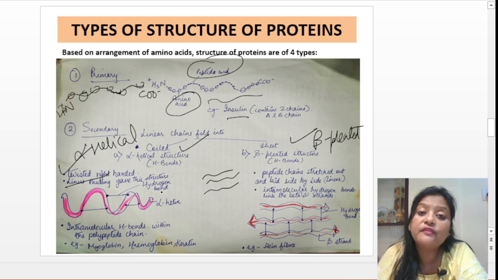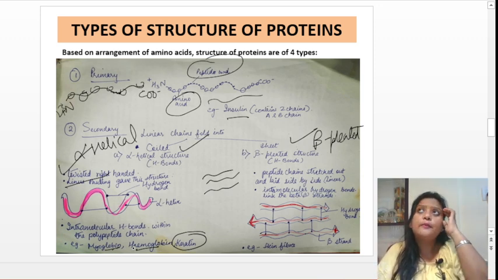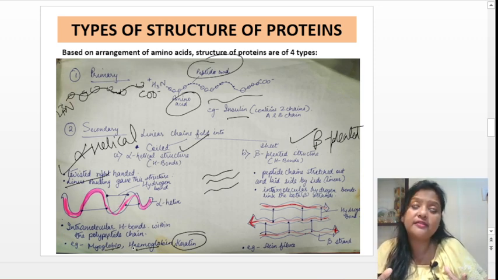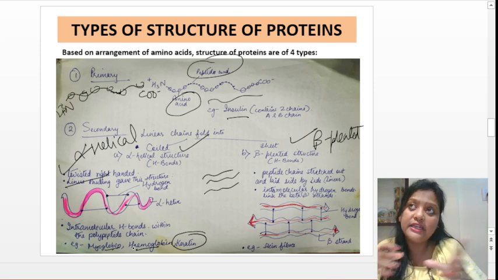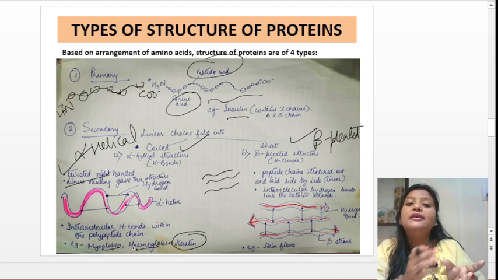Now, next one is the examples. In examples we have keratin. Myoglobin and hemoglobin: hemoglobin is actually quaternary and myoglobin is a tertiary one. Basically you can take keratin as an example of alpha, and even hemoglobin and myoglobin, since they are quaternary structures with many polypeptide chains linked together, some of the chains form a helical structure.